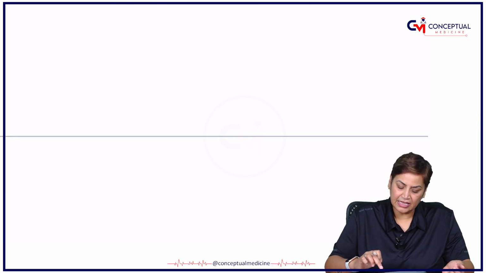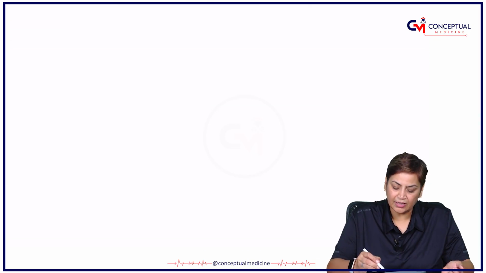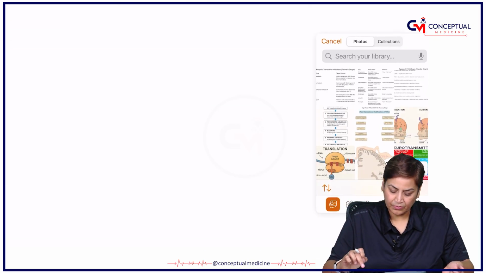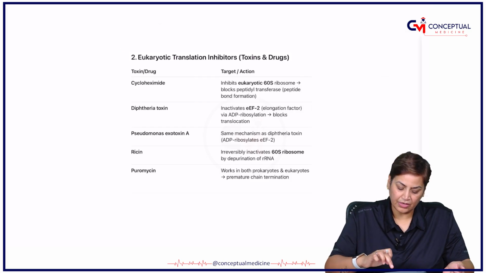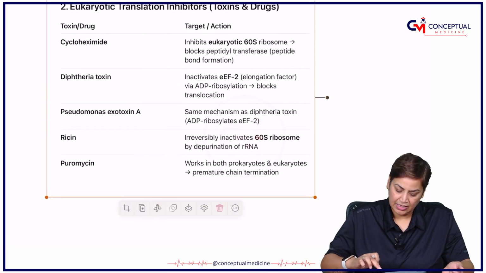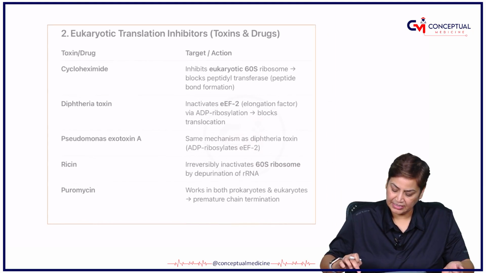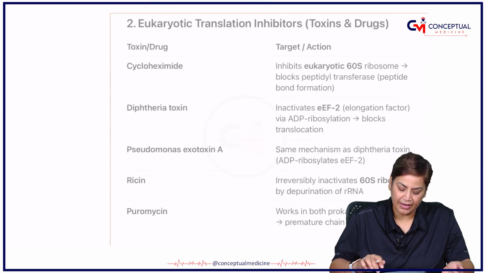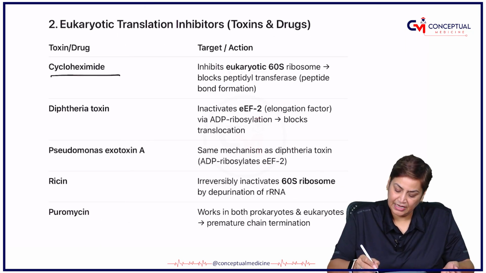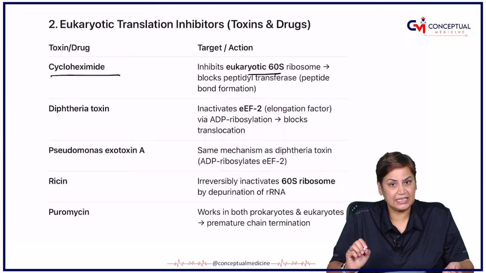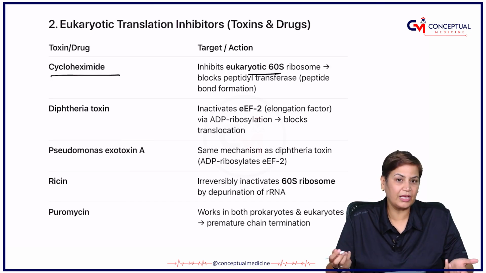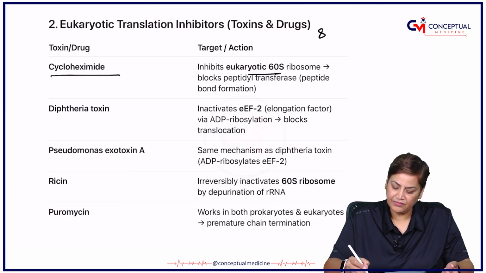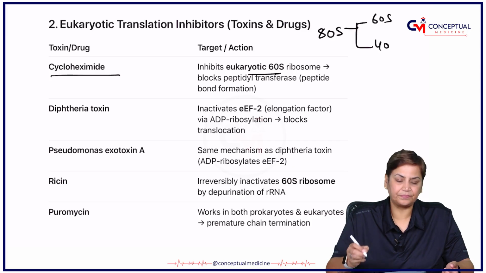And then we come to the eukaryotic translation inhibitors. The mode of action of cycloheximide is that it inhibits the eukaryotic 60S ribosome, because eukaryotes have an 80S ribosome which has 60S and 40S subunits.